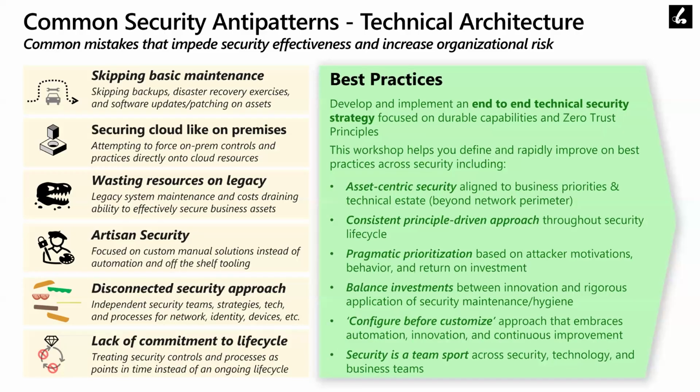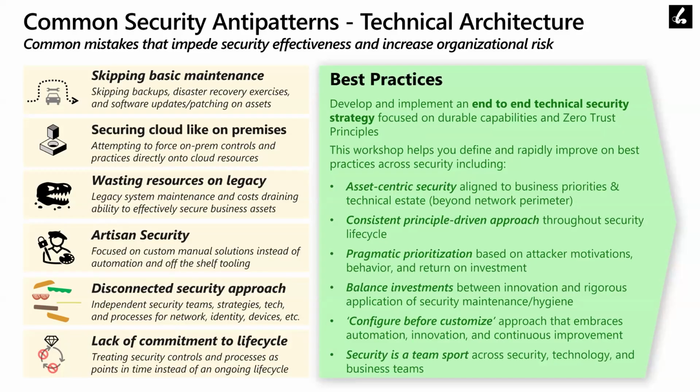Independent security team strategies, tech, and process of network, identity, devices, etc. Which means that every organization should have a global policy. Based upon that global policy, they should define standards and guidelines, and the organization should strictly follow those policies, guidelines, and standards.